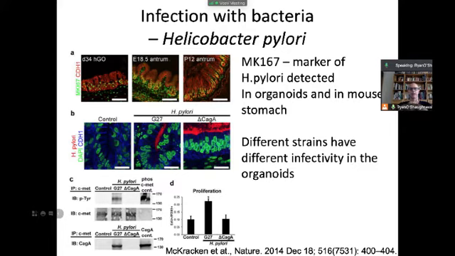And so, can we infect our organoids with this bacterium? And they could show quite clearly that different strains of Helicobacter pylori could infect the stomach organoids more or less effectively.